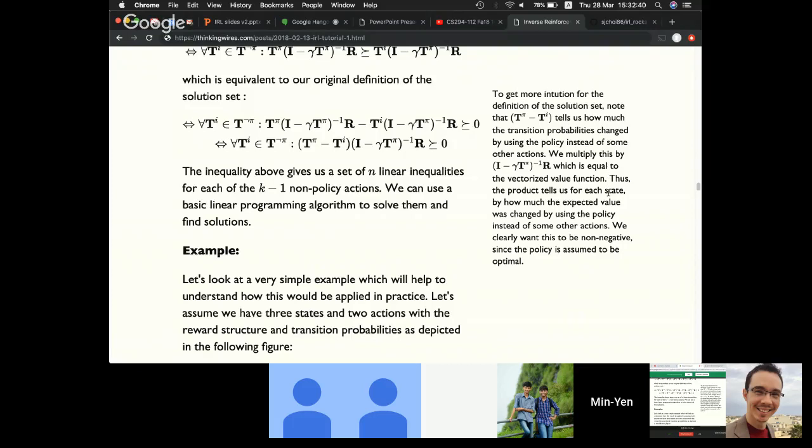Thus, the product tells us for each state, for each time step in the transition, how much the expected value was changed by using the policy instead of some other action. So we're doing it at each discrete time step. We're saying for that time step, what was the cost involved for taking that step as opposed to some other unoptimal action?